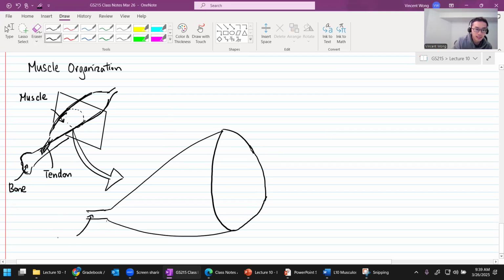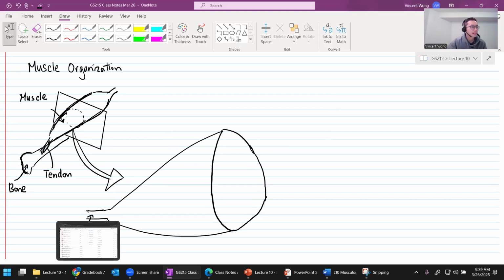Right? So anyway, that's the tendon. That's the tendon. I am just trying to find a picture to show you.